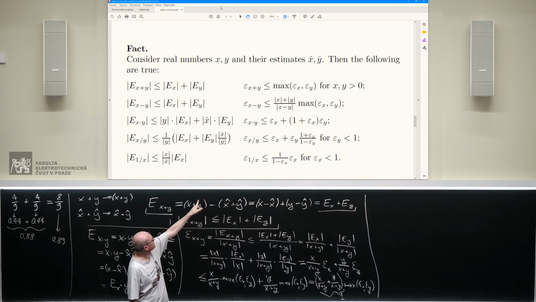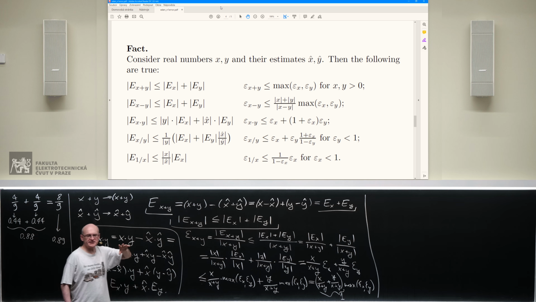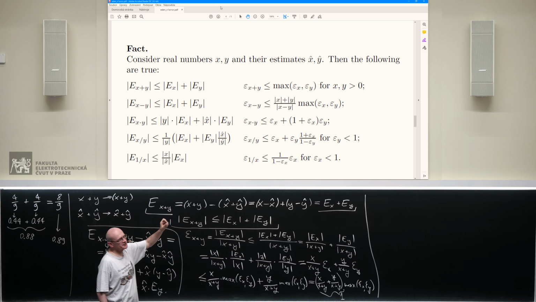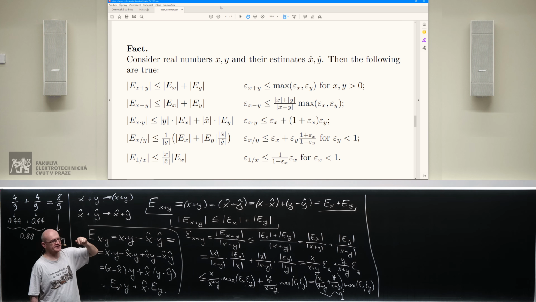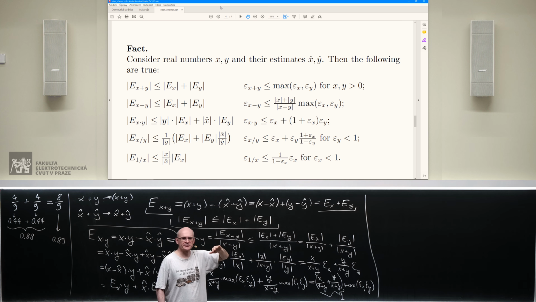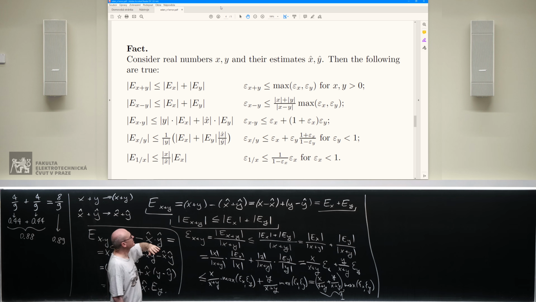When you look at the last row, you can see something with 1 over 1 minus epsilon x. We saw this before. This is exactly the result of trying to make engineering guesses precise, passing from relative error to absolute error and vice versa, things like that.